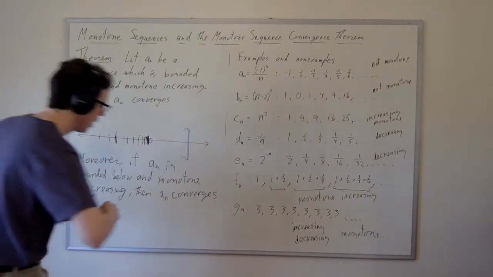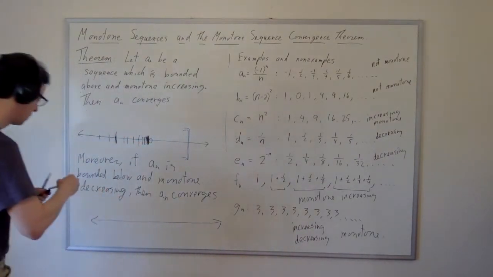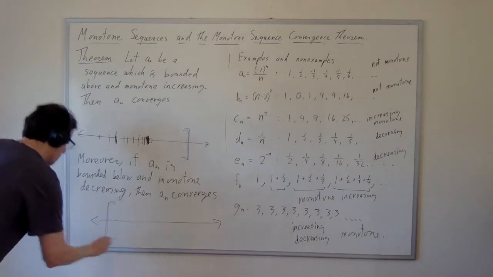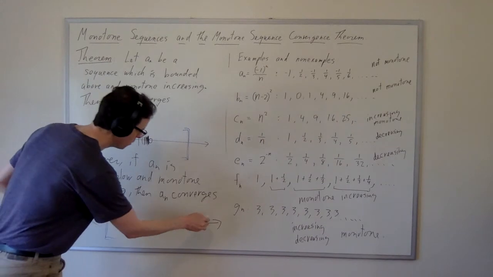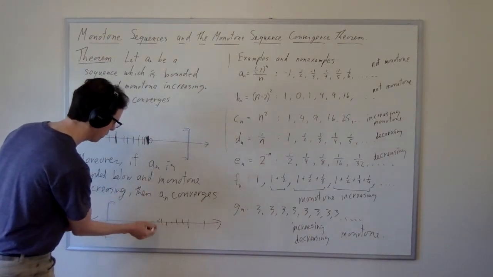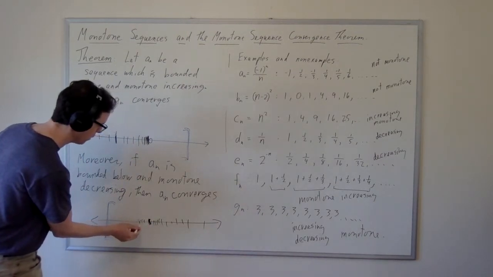So graphically on the number line, what we're saying is, if you have some ultimate lower bound beyond which the terms of the sequence cannot go, and then you start somewhere, I don't care where, and start moving leftward, the sequence terms, maybe they'll be constant for a little while, but then they'll continue moving leftward.